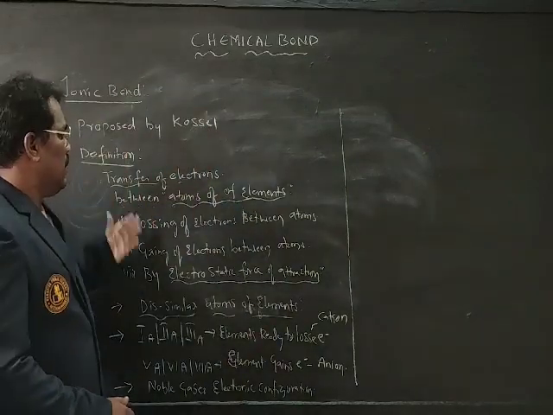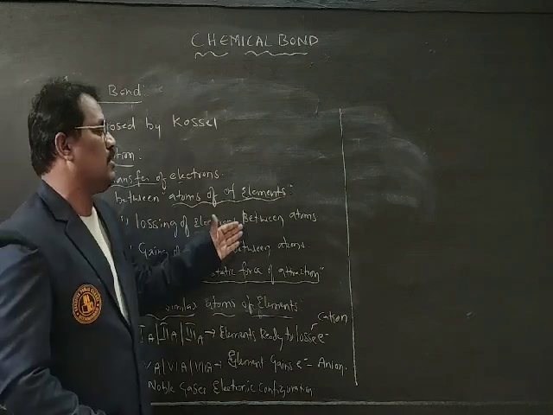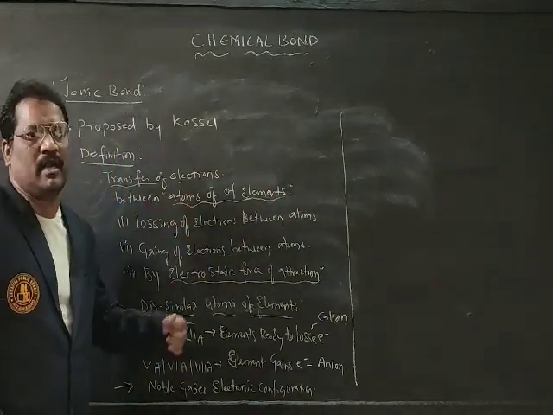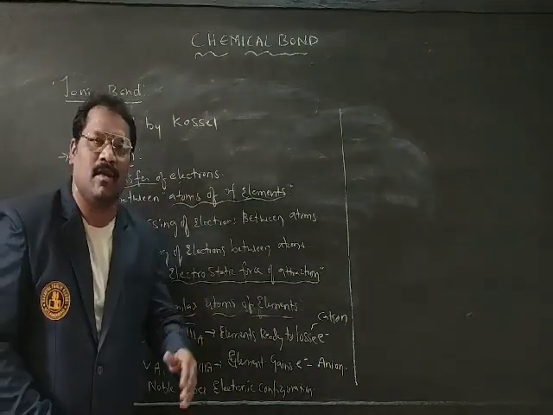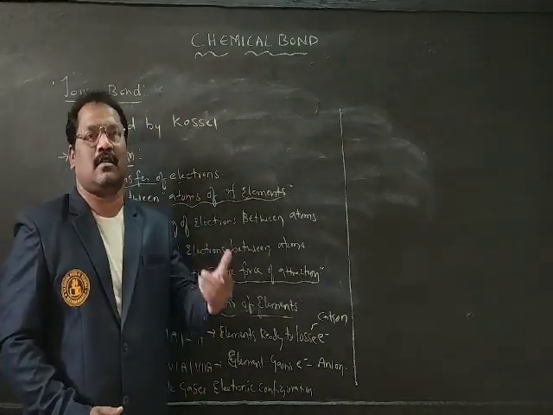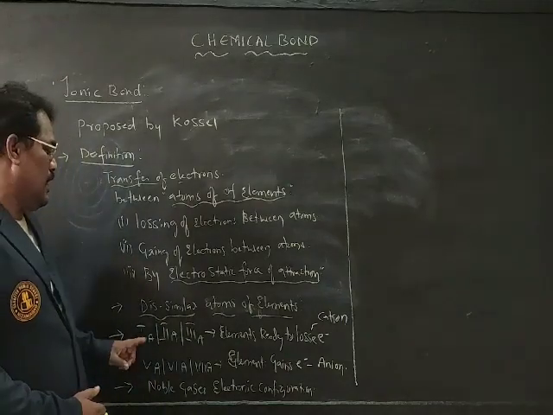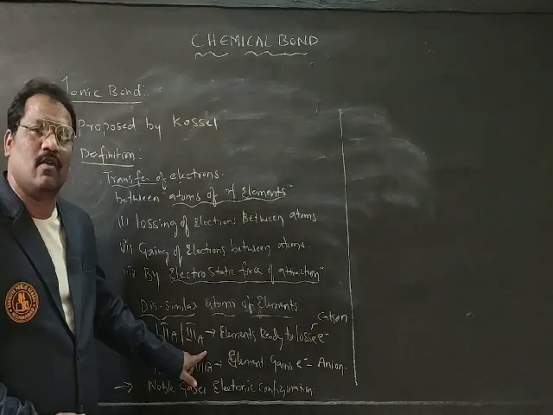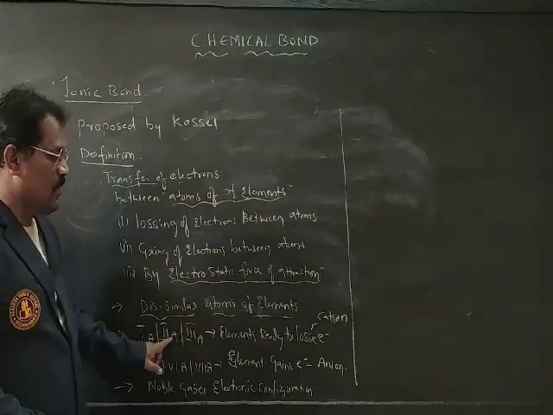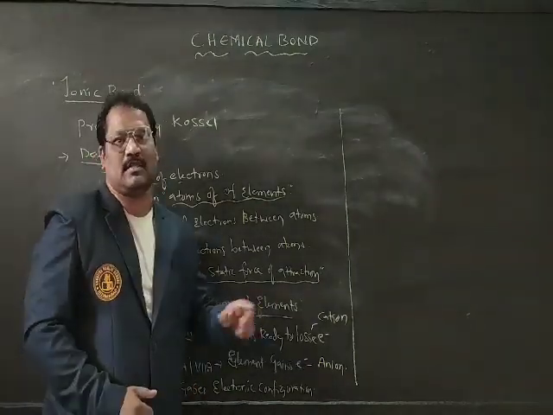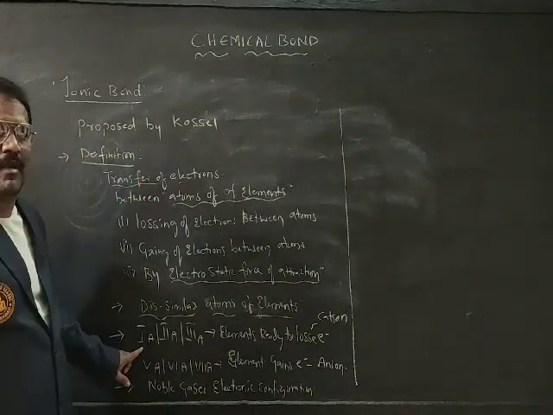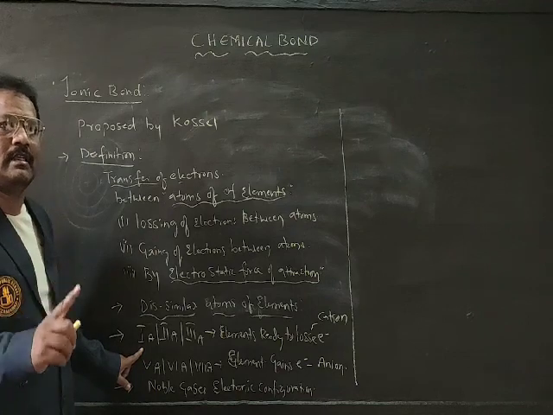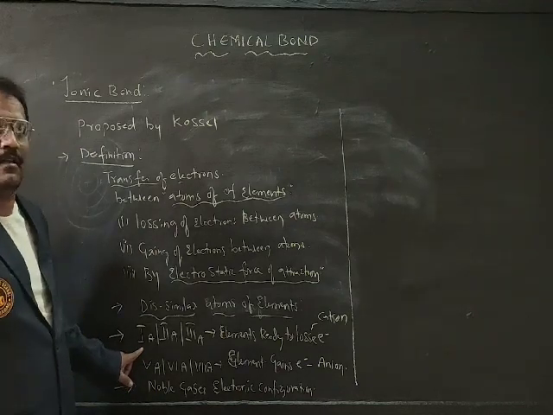Coming to the concept, here we have seen that losing of electrons between atoms is taking place. Within the periodic table, we have some elements which lose electrons. They are called first A group, second A group, and third A group elements. They will be ready to lose electrons. First A group elements lose one electron as they have an extra electron in the valency shell.